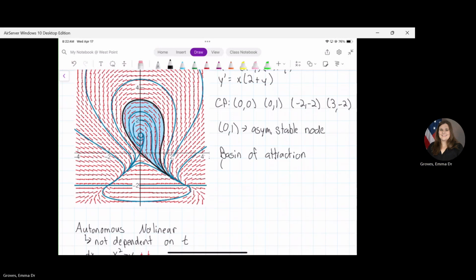So the blue shaded region on this. Any initial condition that I take in this case, I'm eventually going to be approaching that critical point.